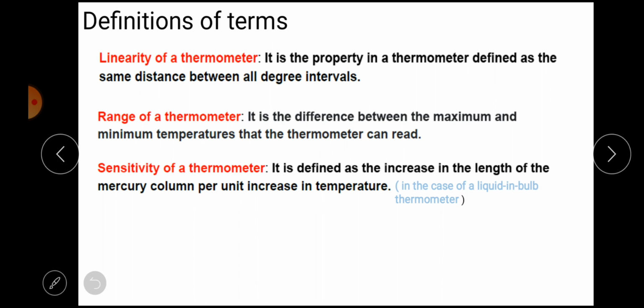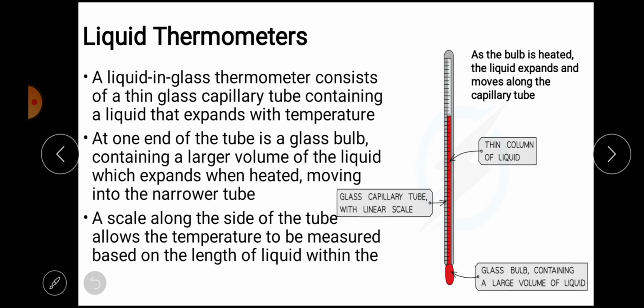Sensitivity is defined as the increase in length of the mercury column per unit increase in temperature. This is in the case of a liquid-in-bulb thermometer, so we talk about the length of the mercury per unit increase of temperature. That is sensitivity.